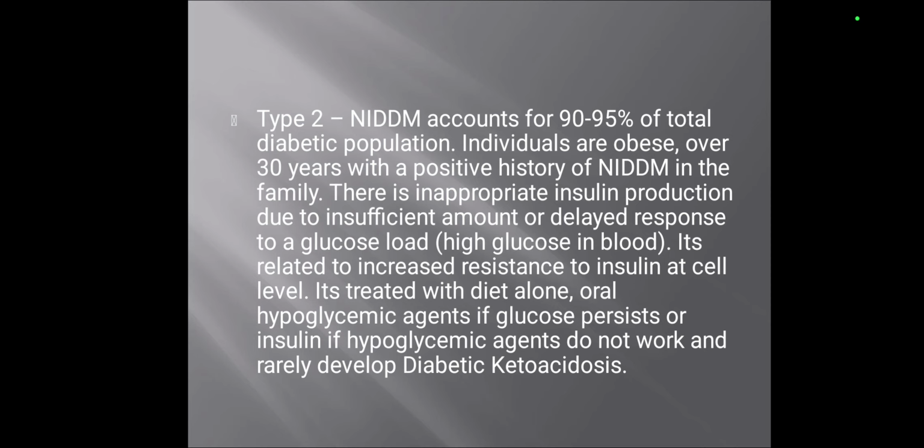It is treated with diet or hypoglycemic agents if glucose persists, or insulin if hypoglycemic agents do not work and they develop diabetic ketoacidosis. So you control it with diet, you avoid sugars, and you also do a lot of exercise.